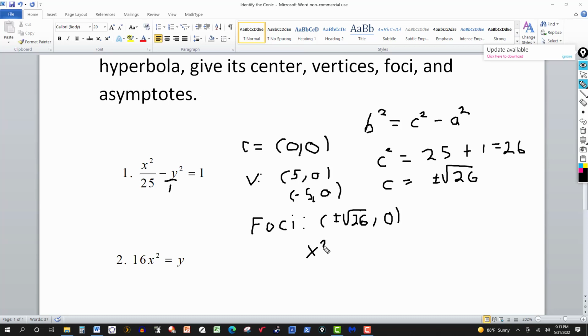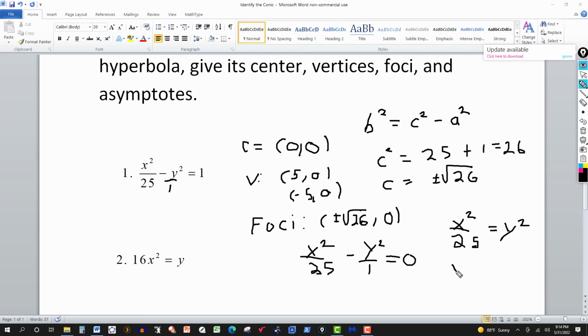And then the asymptotes are obtained by taking the standard form of the hyperbola. It's already given in standard form, and we just replace the 1 by 0 and solve for y. So we get x squared over 25 is equal to y squared.